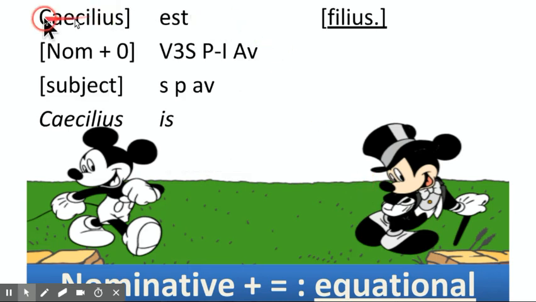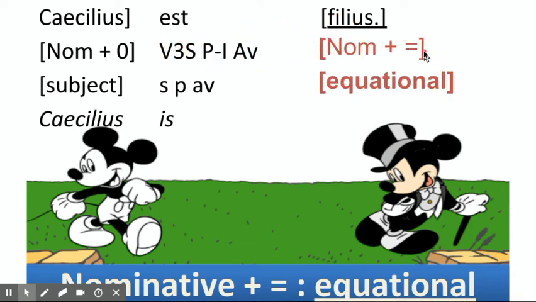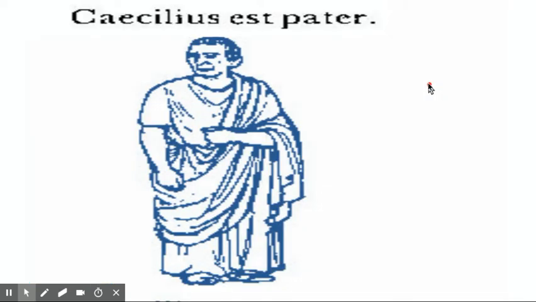So we already have a subject phrase. You can only have one subject phrase, unless you have a conjunction. We haven't covered that yet. So Caecilius, nominative, no other signal, subject phrase, est, with a verb of being, it's nominative plus equal sign, equational phrase, filius, a son. So start with the verb.